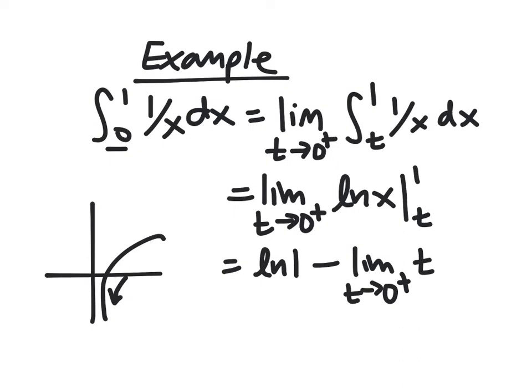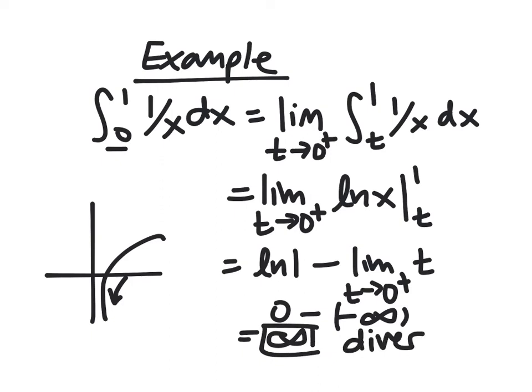We're traveling this way as we approach 0 from the right, and that's going to be negative infinity. So it's like 0 minus a negative infinity. This guy's going off to infinity, so this diverges, right? We do not get a finite number here.